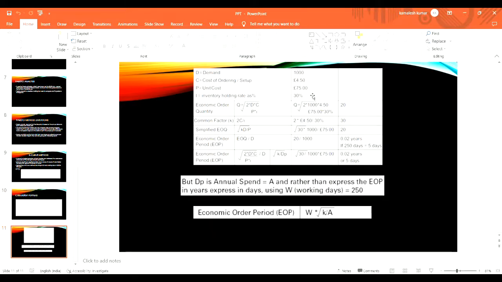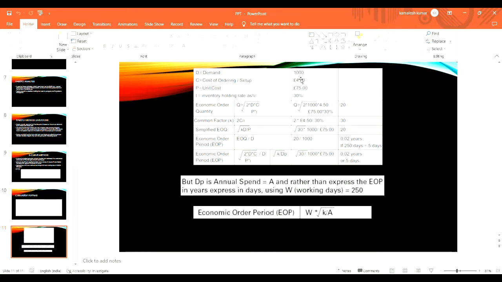We have some more formulas. Let us assume that the demand is 1000 this time. Cost per ordering is 4.5 euros, P is the unit cost, 75 euros, and I is the inventory holding rate, 30%. So EOQ is equal to root over 2DC by P into I. If you put the above values in this formula, we'll get the value as 20.